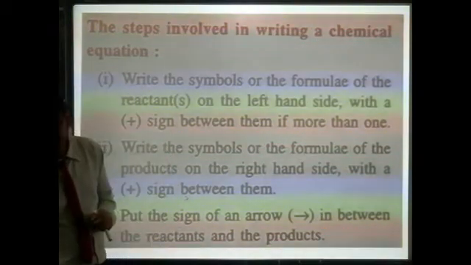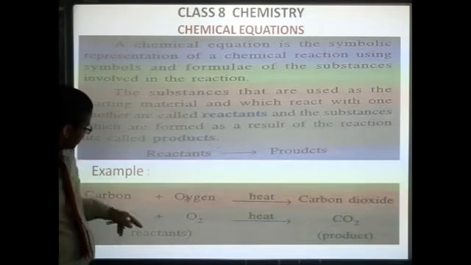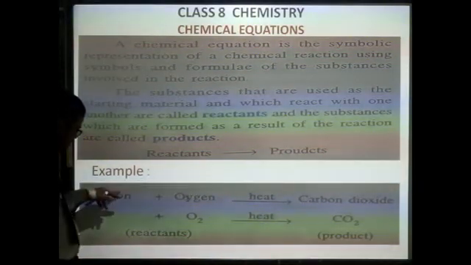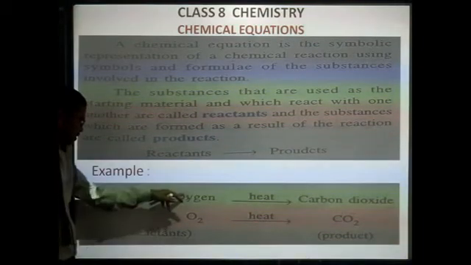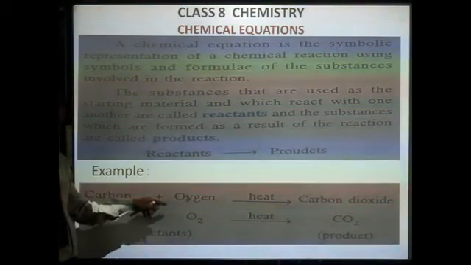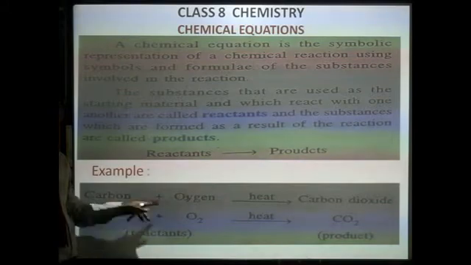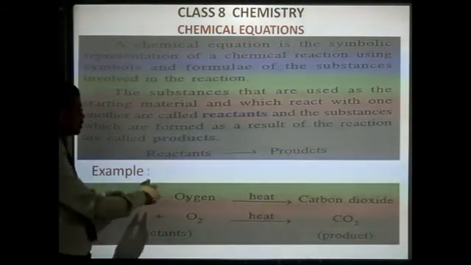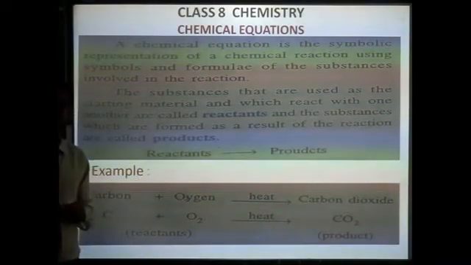Let's go here again. See here, there are two reactants. So how are we separating these two reactants? By a plus sign. If there is more than one reactant, we put plus in between the reactants.